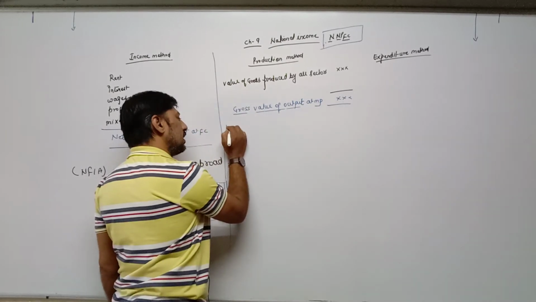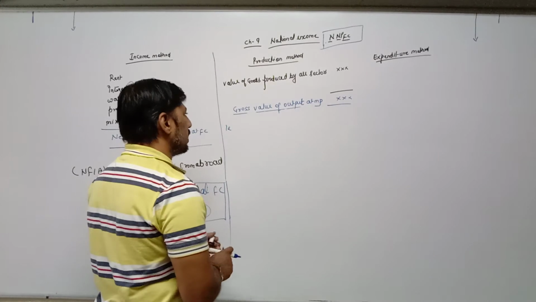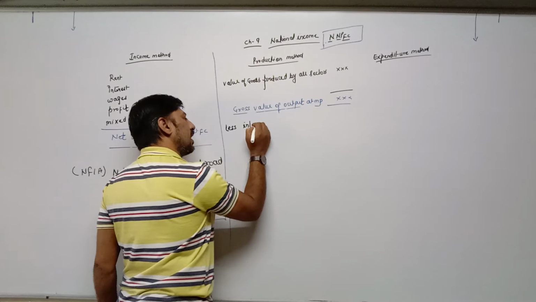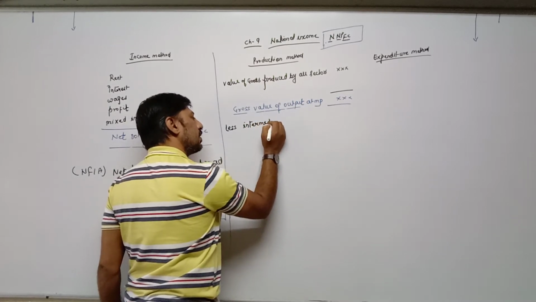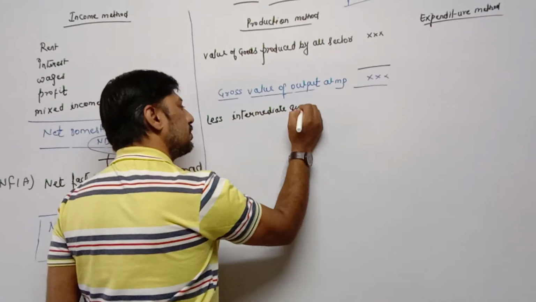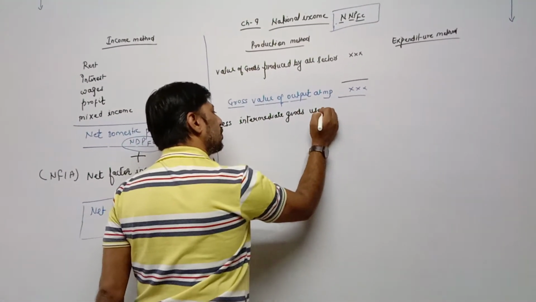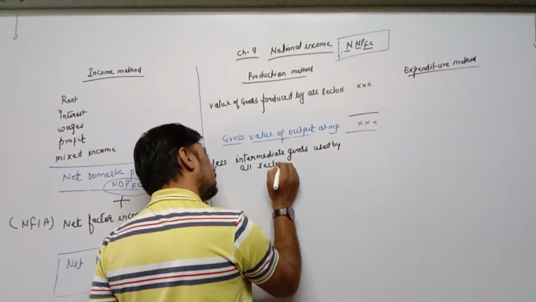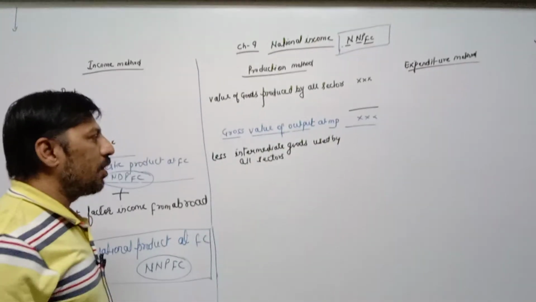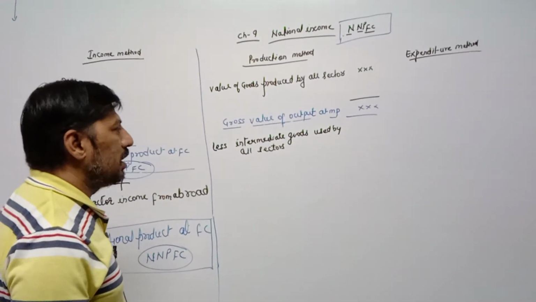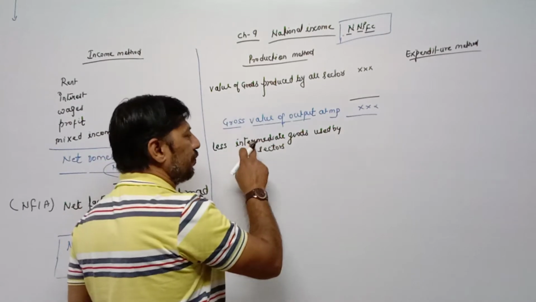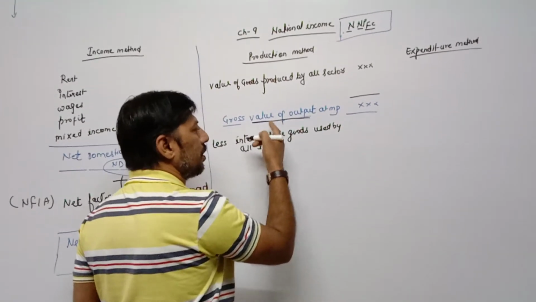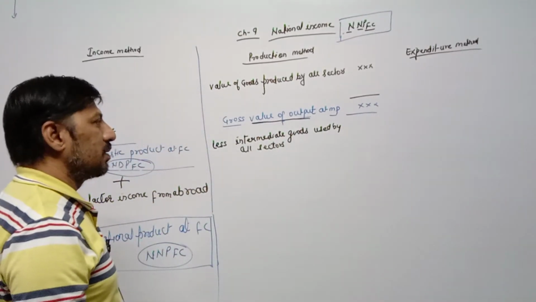So first of all, less the value of intermediate goods used by all sectors. When you deduct the value of intermediate goods from the value of output, it becomes domestic product or value added.